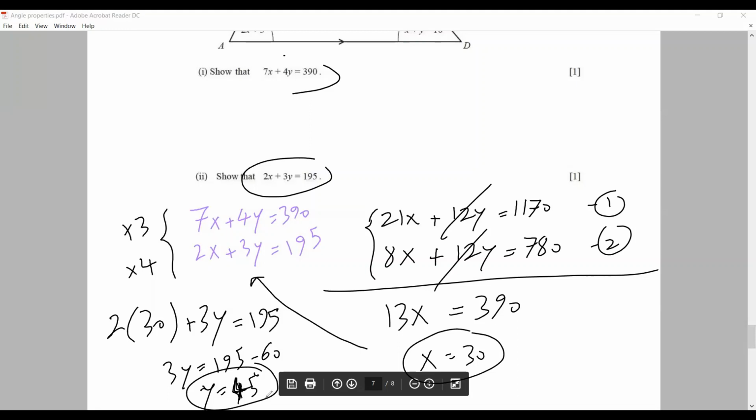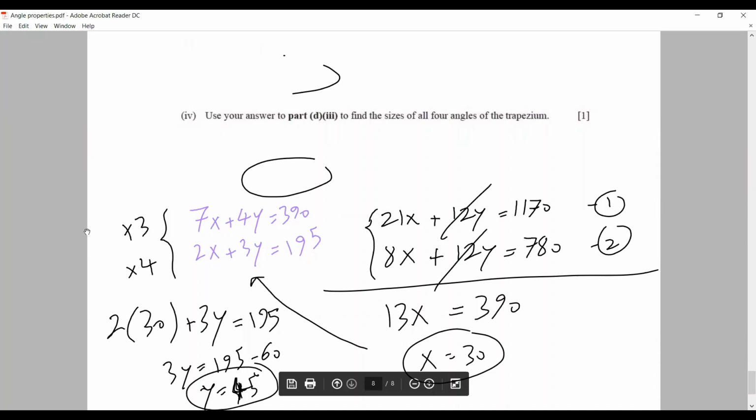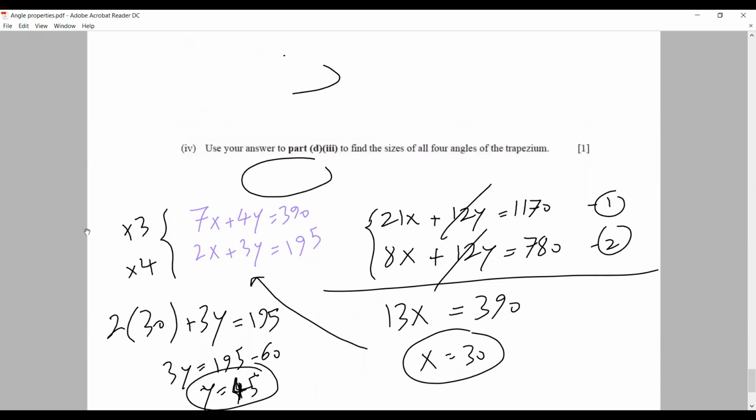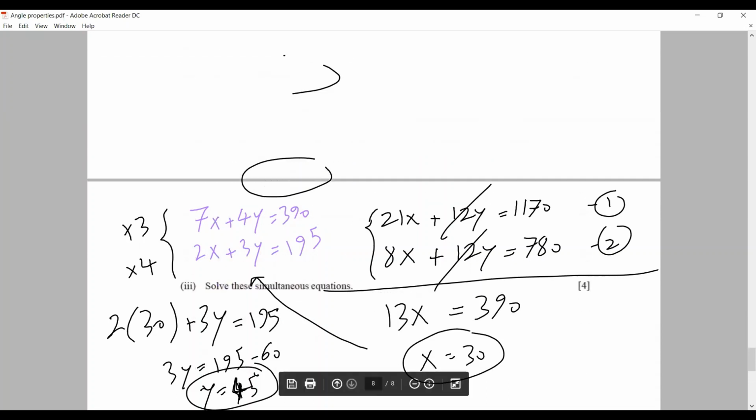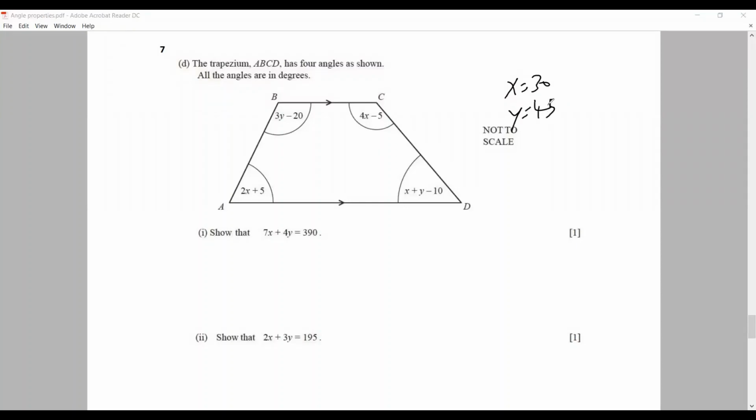Okay, so moving on to the last part. Use your answer to part D to find the sizes. Oh, that only carries 1 mark. Well, it's easy now that we have x and y. So having that in mind, now we can find the value of the angles. This should be basically 75 minus 10, that is 65.